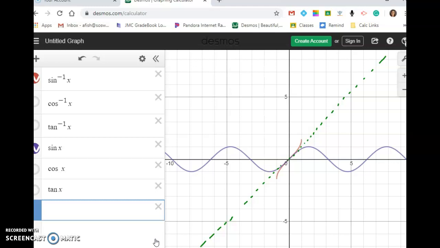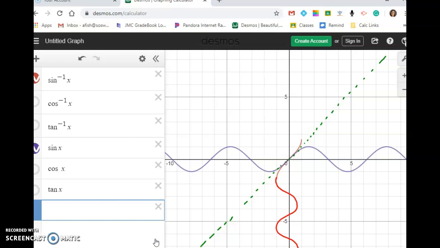The reason why is because if we were to truly reflect all of that sine function, we wouldn't have an inverse function, because this graph here would just keep going back and forth. Based on the definition of a function, this doesn't currently pass the vertical line test.